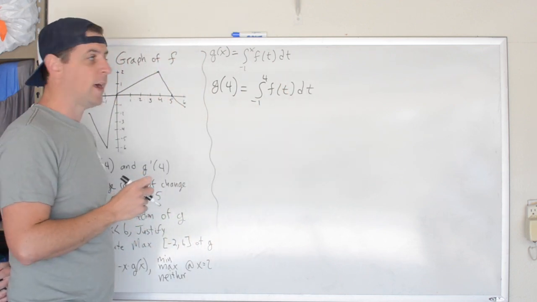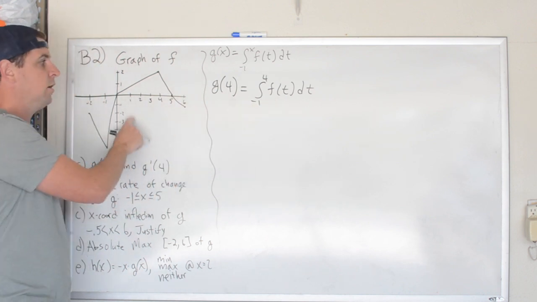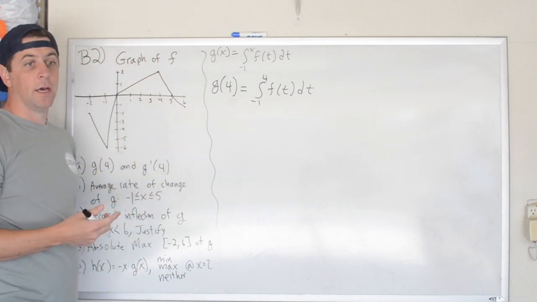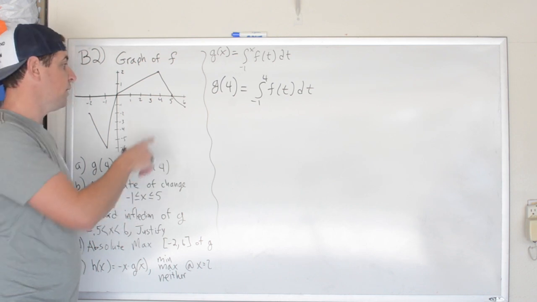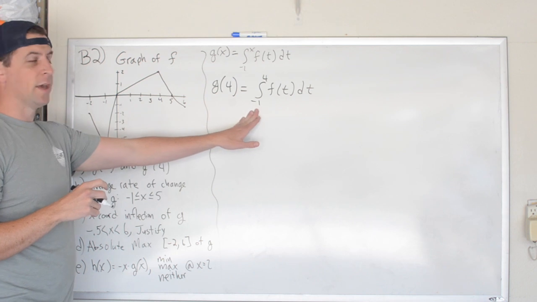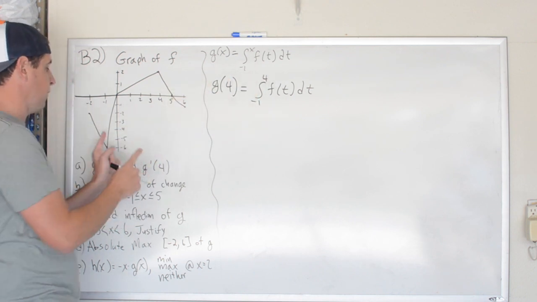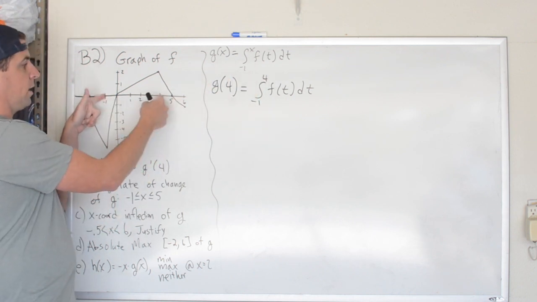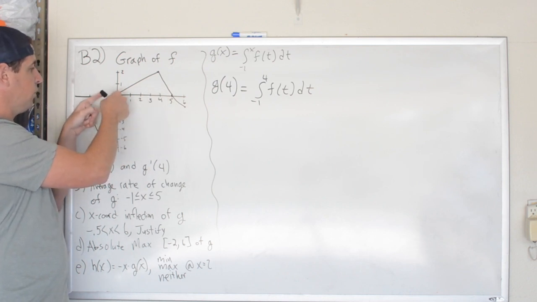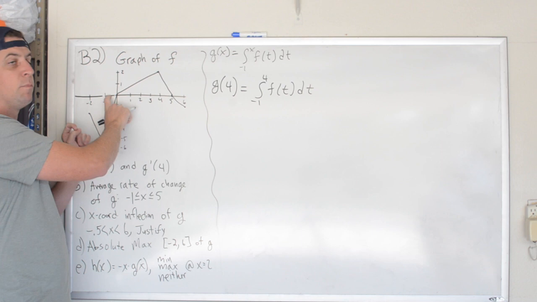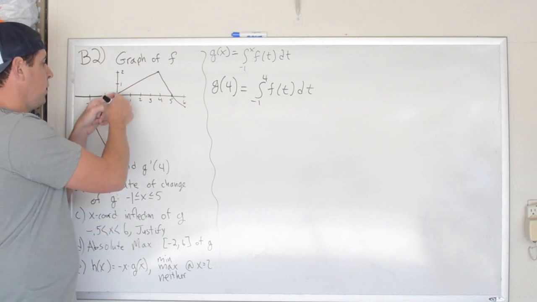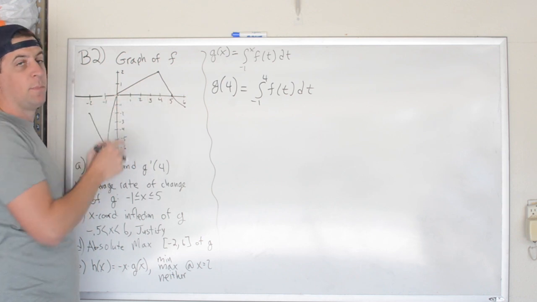Remember, the integral of f would be the area above or below the curve of the x-axis, okay? When I look at my f function from -1 to 4, that's from here to here on my graph. Notice that from -1 to 0, my area is below the axis, which will be a negative area, and then my area from 0 to 4 is positive.